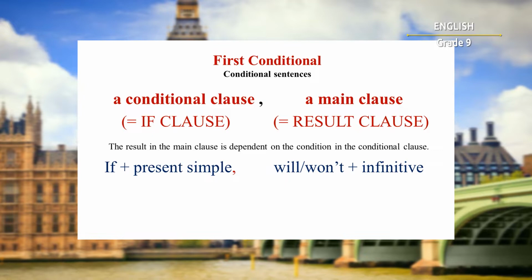This is the first conditional sentence structure. If plus present simple, a comma, will, won't plus infinitive. You use the present simple tense even though you're talking about a future event. You can use the present simple after a conjunction if to talk about a future event.